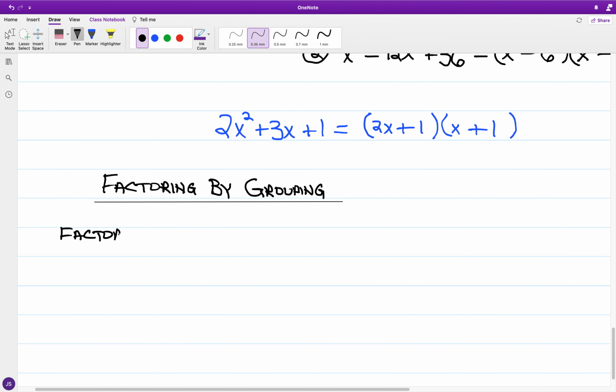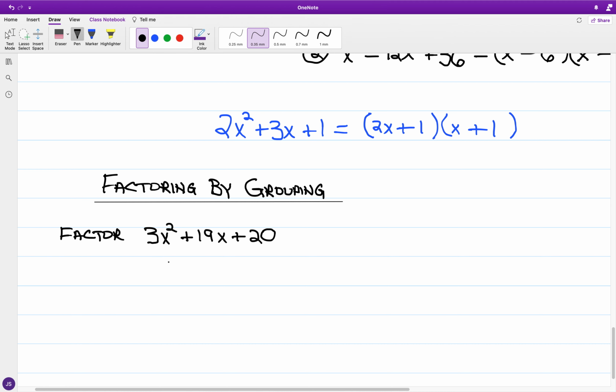But let's say we have, for factoring, 3x squared plus 19x plus 20. Now the easy part will come from 3x squared, which will go to 3x and x.